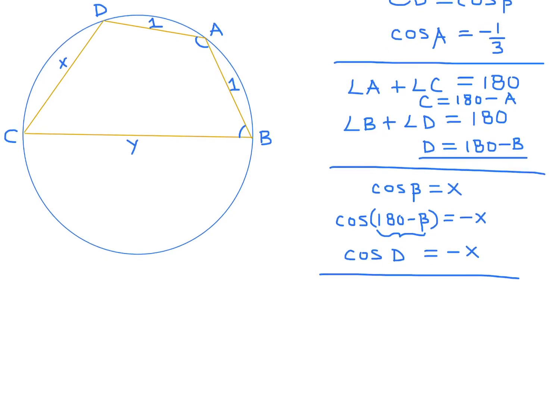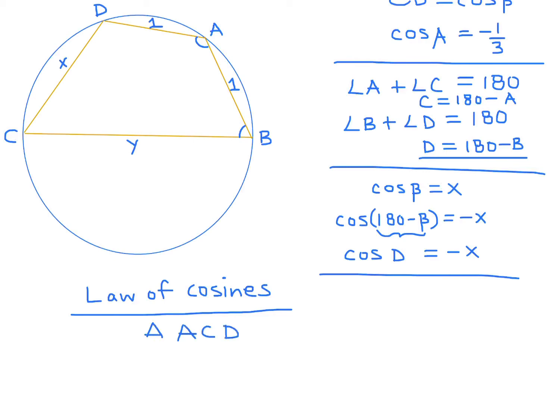We are going to use in this question something known as the Law of Cosines. It's so commonly used that I hope you know it. If you don't, take a minute, review it, and come back. So let's use this, but twice. First I'm going to use it on triangle ACD, and then I'm going to use it again on triangle ABC.